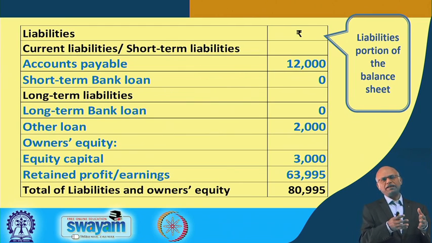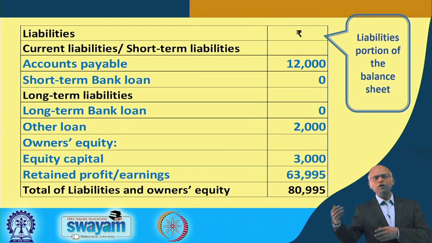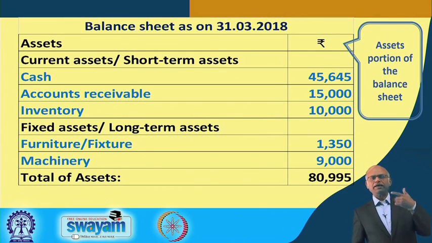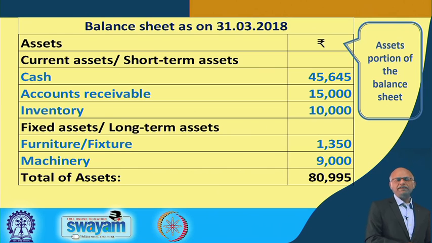So, 63,995 will be carried forward, and it will be added to the next year's retained earning. So, if the retained earning is 1 lakh, that is to be added to 63,000. So, in the next year's balance sheet it will be 1,63,995, and total of the liability side is 80,995. Total in the asset side also is 80,995.